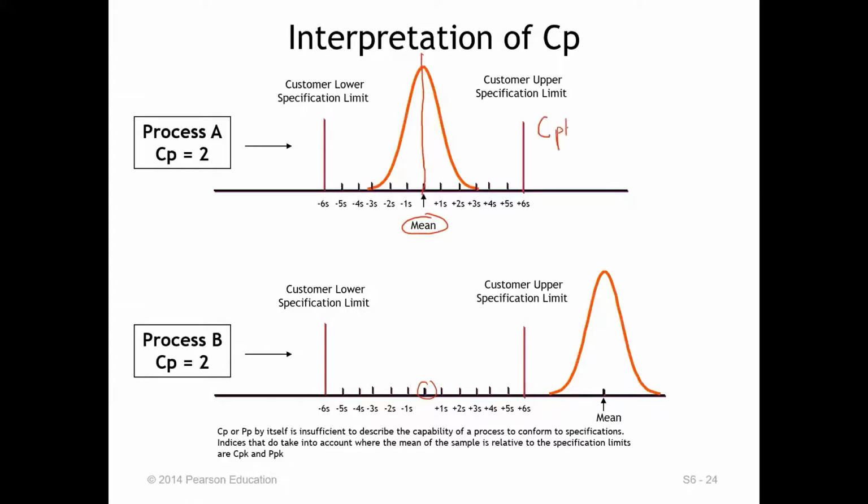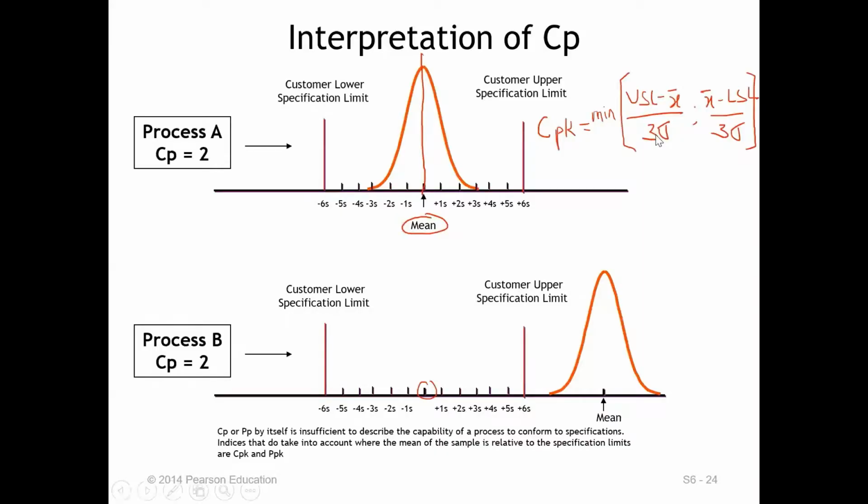So what CPK does is, instead of finding the difference between spec limits, CPK finds the difference between the upper spec limit and the mean of the data you collected, divided by 3 sigma, as well as the difference between the mean of the data and the lower spec limit, divided by 3 sigma. And among these two numbers, CPK will take the smaller one, or the minimum. By doing that, CPK takes into consideration the mean of the process.